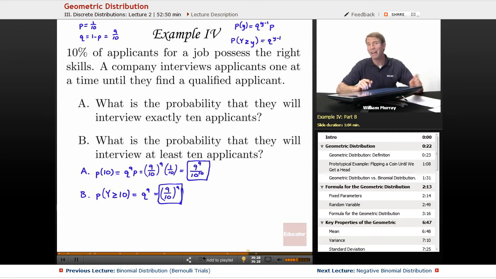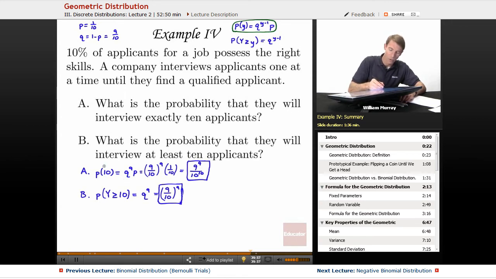By the way, we're going to hang on to this example for the next problem, so don't let these numbers and the whole situation completely slip your mind. In the meantime, let me quickly remind you where everything came from here. So in part A, we want to find the probability that they will interview exactly 10 applicants. Now, it's a geometric distribution, so I'm using my geometric distribution formula right here, q to the y minus 1 p.